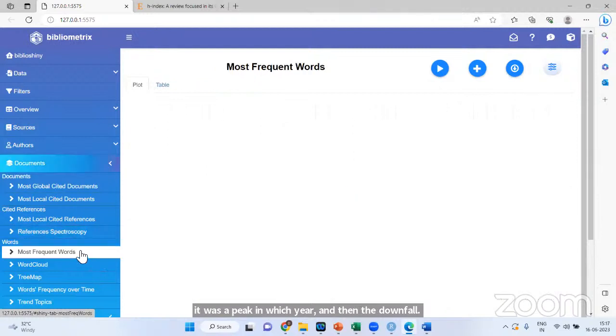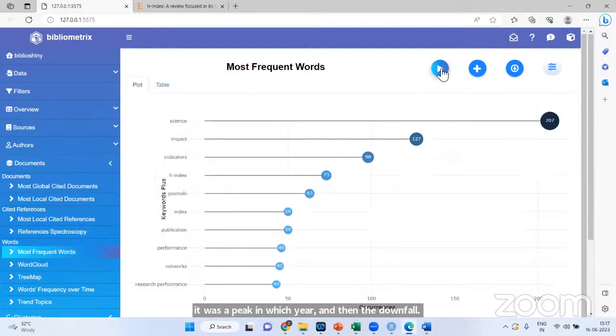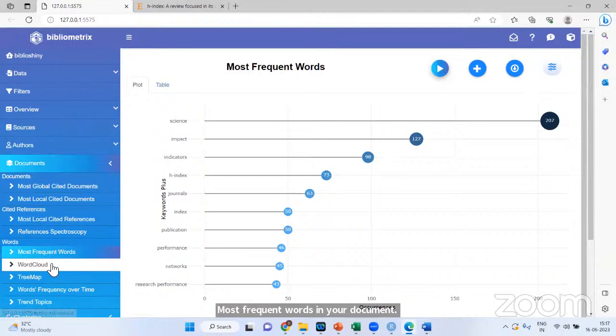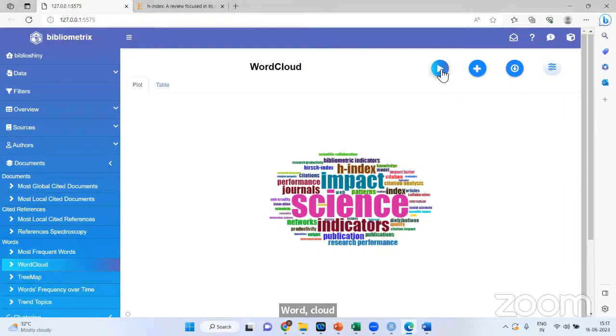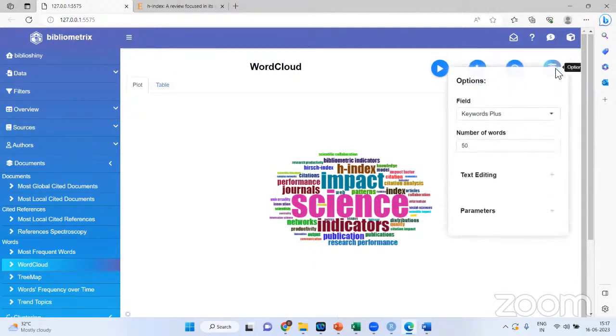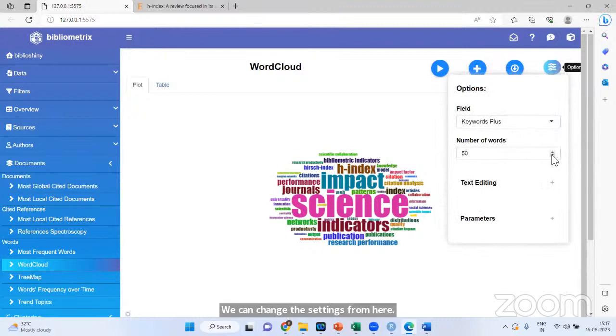Most frequent words in your document. Word cloud. You can change the settings from here, the number of words if you want to keep less.